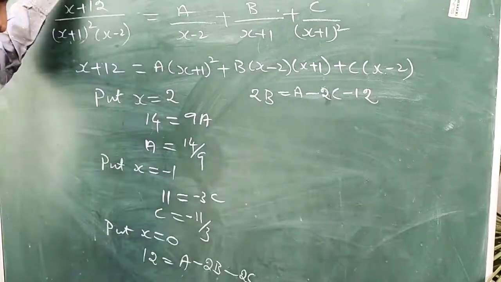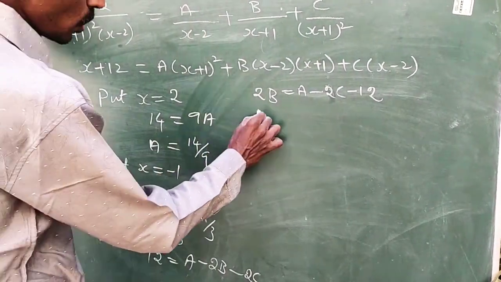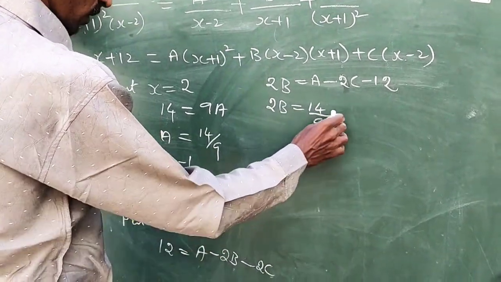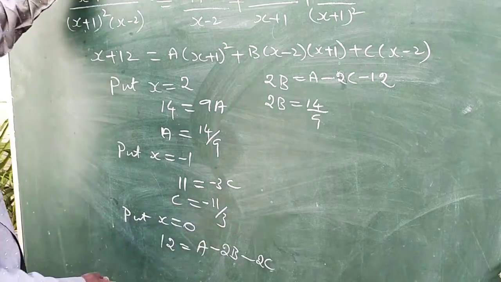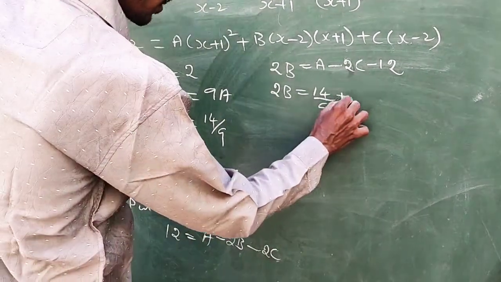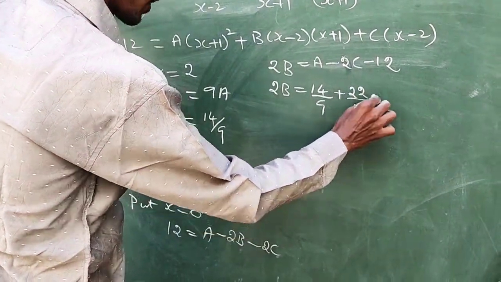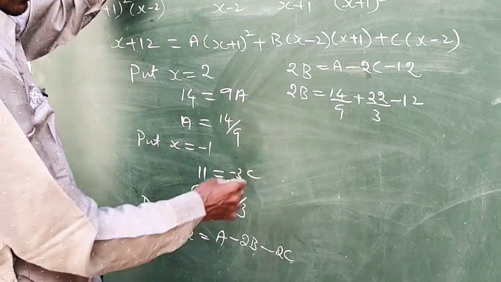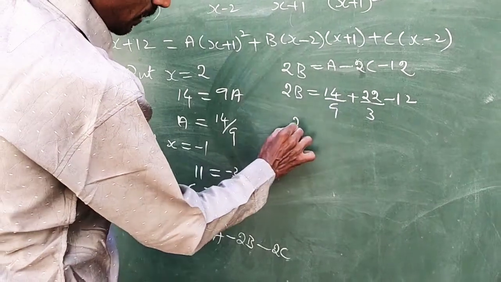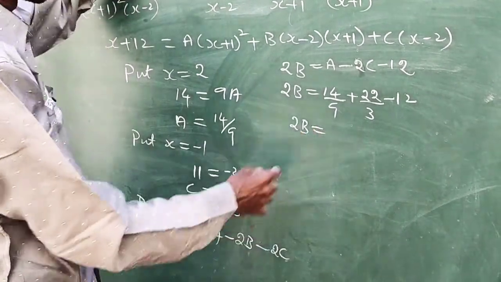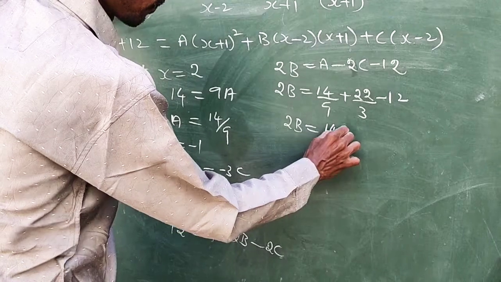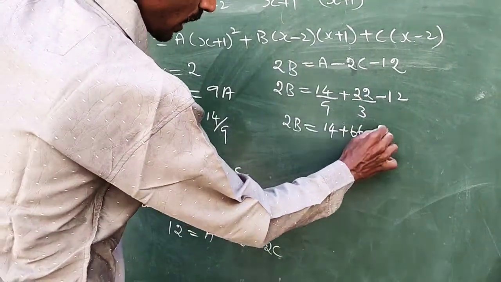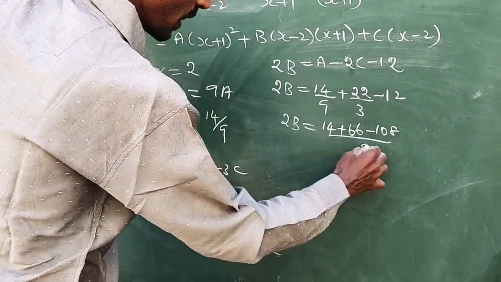Okay, so now put the value of a and c. 2b equal to 14 by 9 minus of minus, I think, plus 22 by 3 minus 12. Okay, take the LCM. 2b equal to, LCM is 9, so 14 multiply by 3, 66, 9 12s are 108, by 9.